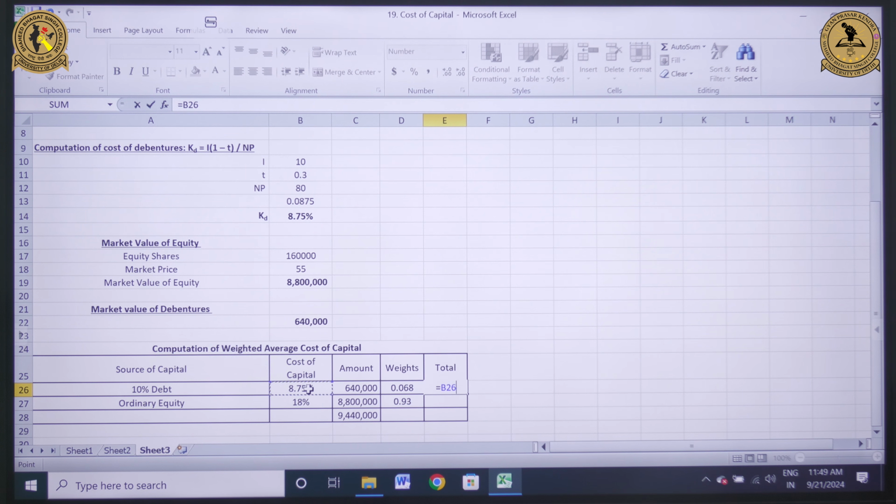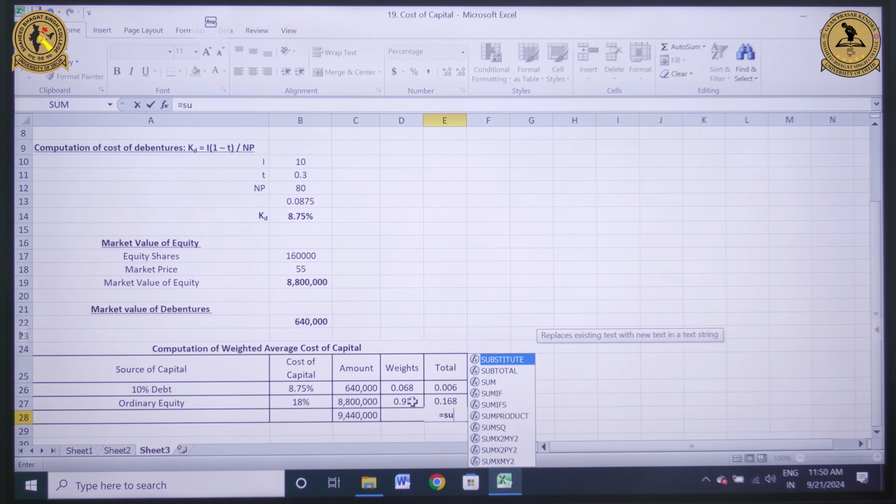So equals to B26, represented by cost of debt, multiplied by its corresponding weight represented by D26. Similarly, for the ordinary equity, equals to cost of ordinary equity represented by B27 multiplied by its corresponding weight represented by D27 and press enter.